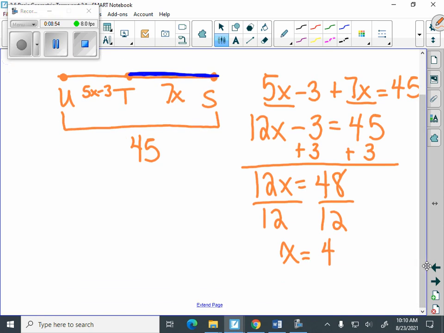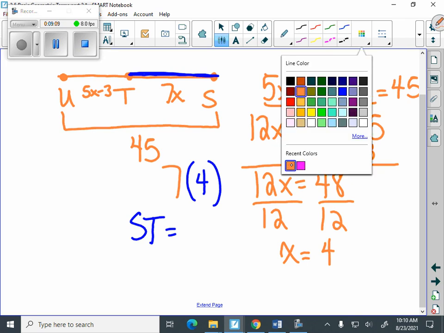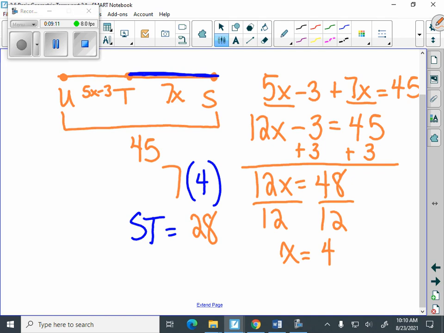ST is 7x, but we're going to fill in what x equals, which is 4. So we can finish with ST equaling 7 times 4, which is 28.